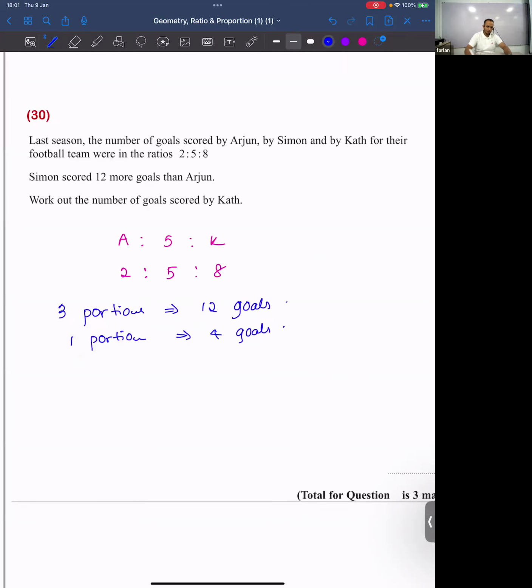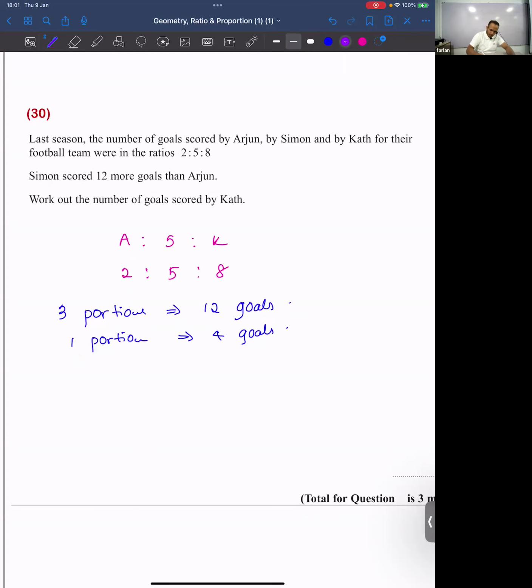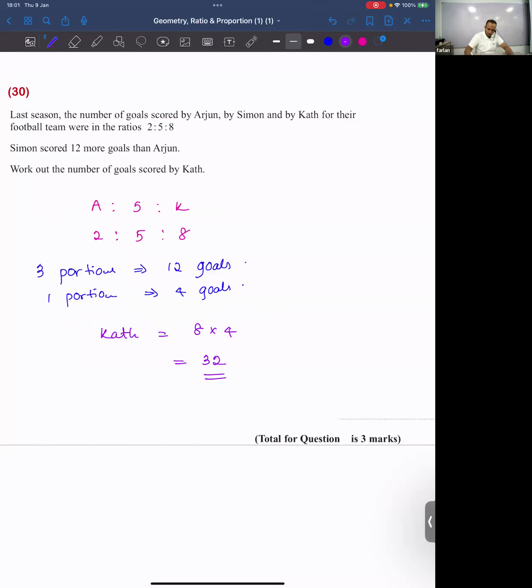So the question is the number of goals scored by Kate, that is, she has scored 8 portions. 8 into 4, 32 goals. Understood? Who got this answer? Okay, very good.